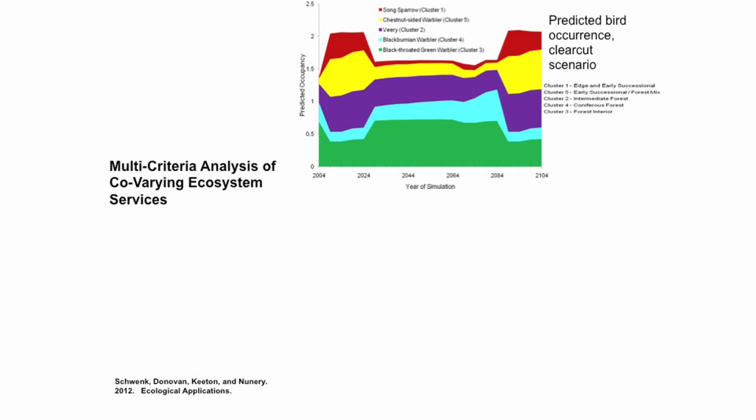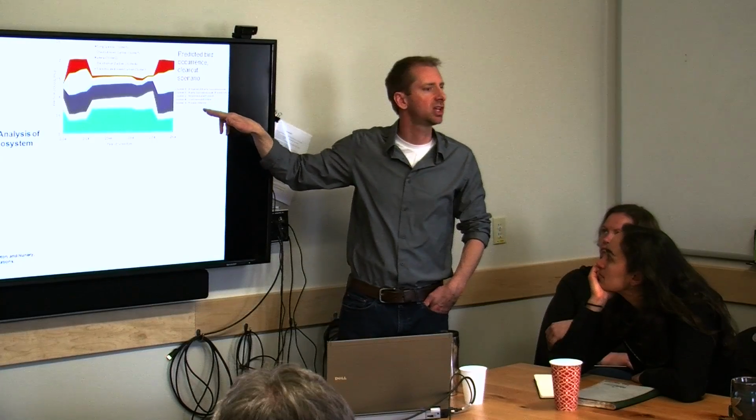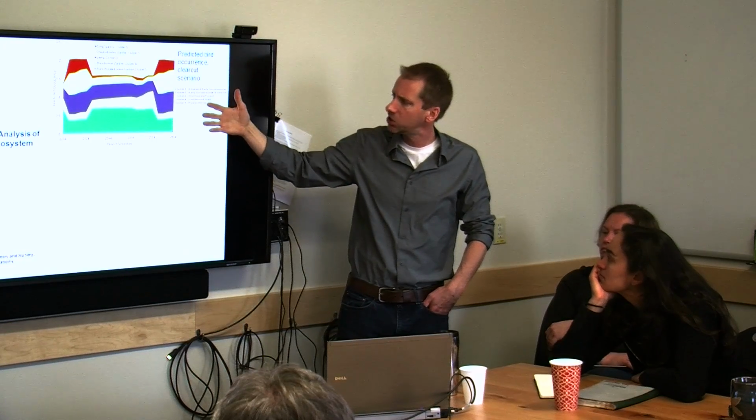We had occupancy models for bird species generated from something like 500 sample points across northern New England. And we basically collapsed those down into a number of indicator species. Each indicator species is for a different successional guild or different type of habitat condition.